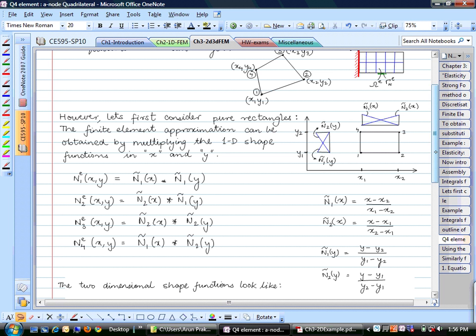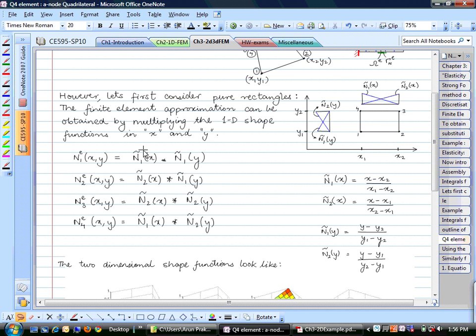So the definitions of all these one-dimensional shape functions are also right here. These are the same definitions that we used for our one-dimensional problem. These are Lagrange shape functions between 2 nodes. The same way that we set up Lagrange shape functions for 3 nodes, this is the similar formula that we have for 2 nodes.